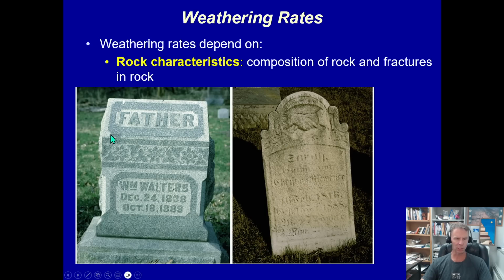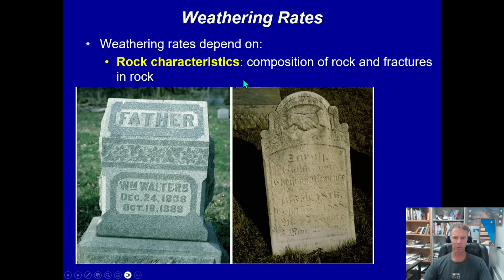The one on the left, of course, is made out of granite or something similar to granite, much more resistant to chemical weathering. The one on the right looks like it's probably made out of marble, and so they've selected, once upon a time, marble as the tombstone rock type, but you can see how the chemical weathering processes have rendered this mostly, it's definitely hard to read, if not impossible to read, just over that 100+ year increment.